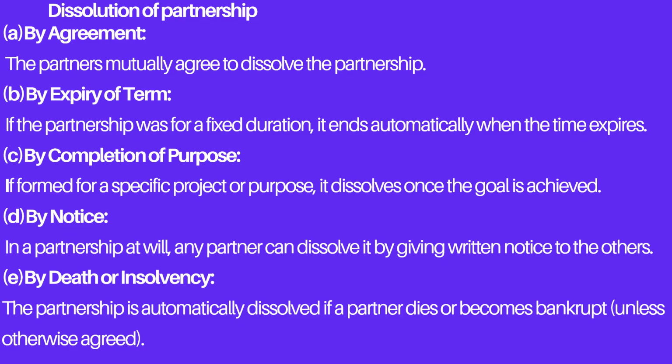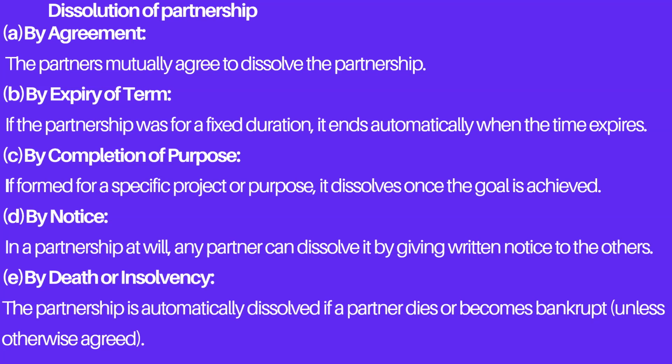A very, very important discussion on the dissolution of partnership. When we are talking about dissolution, it's also how a partnership relationship comes to an end. Number A is by agreement, and we know that the partners mutually agree to dissolve the partnership. And then the other one is by expiry of term.